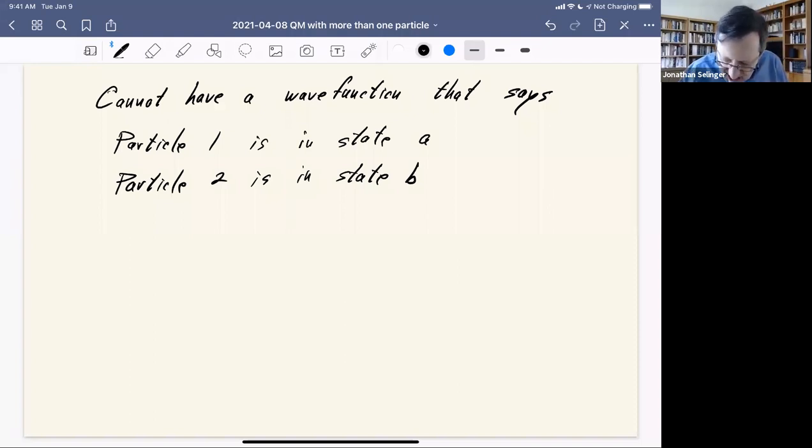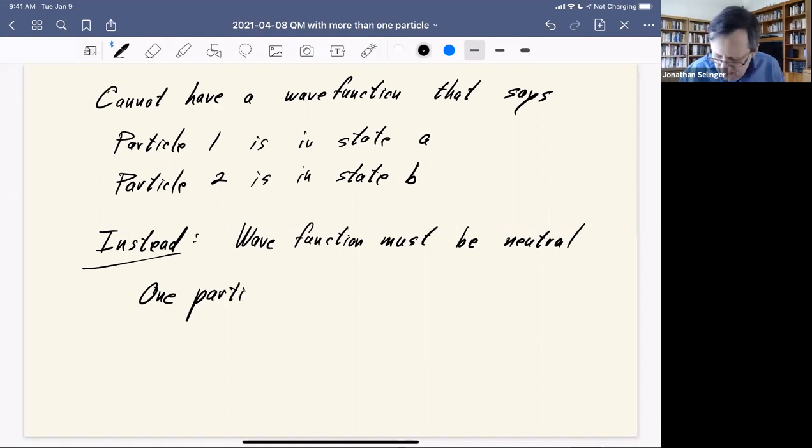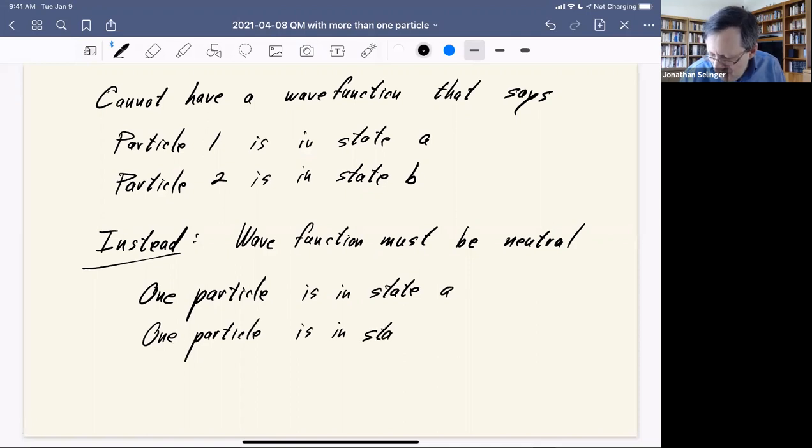And so instead, the wave function has to be neutral between the two particles. So that means the wave function can say one particle is in state A, one particle is in state B. But which particle is in state A?